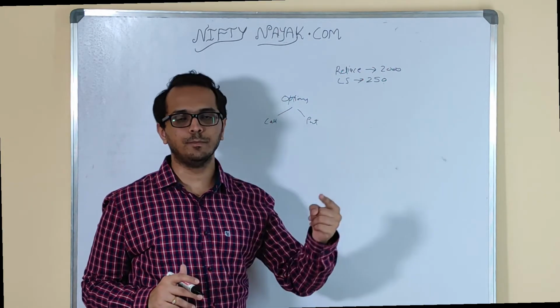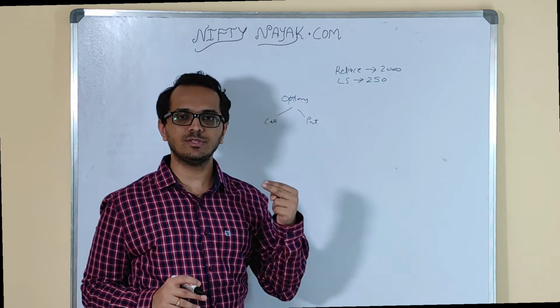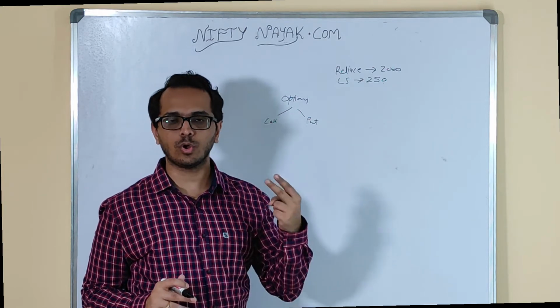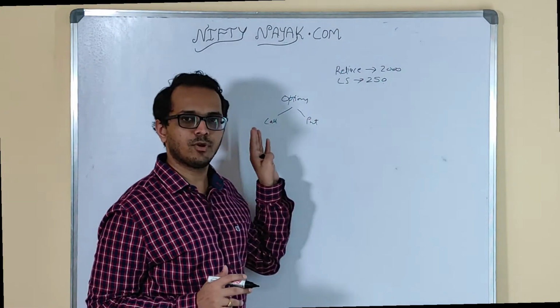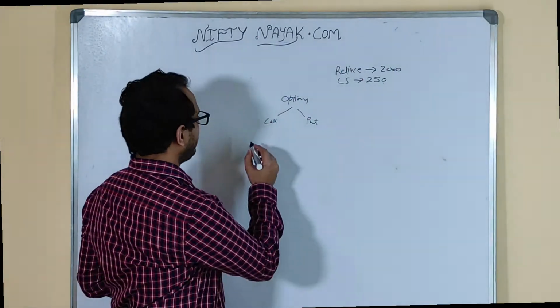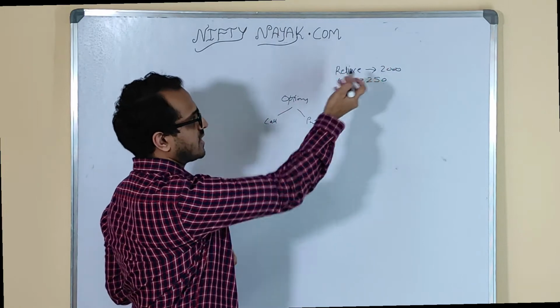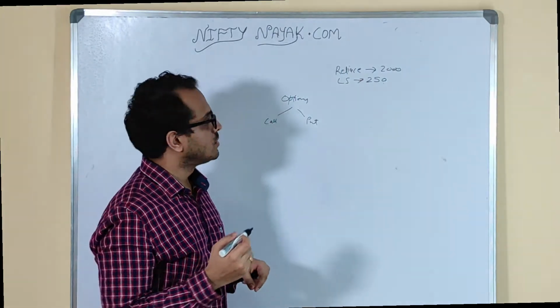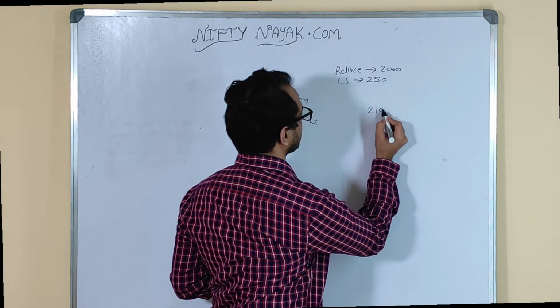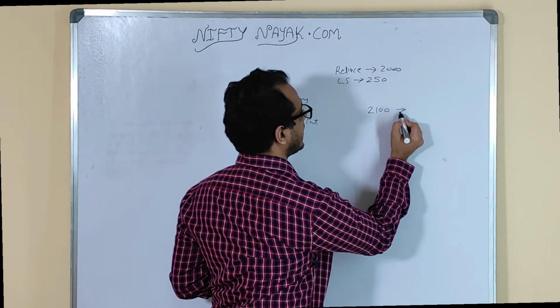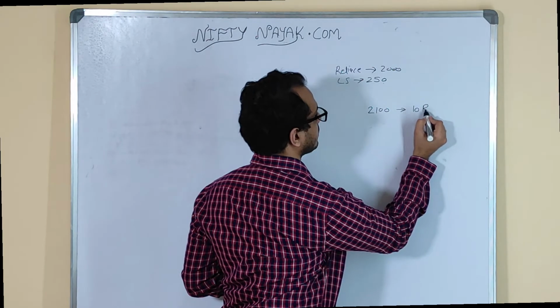One is the option buyers and the other one is option writers or option sellers. So I will take an example of a call. So now let's say Reliance, as I told you, is trading at 2000 rupees. So now let's say there is a call of 2100, which is currently trading at 10 rupees.